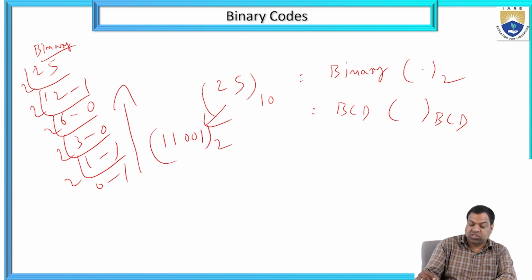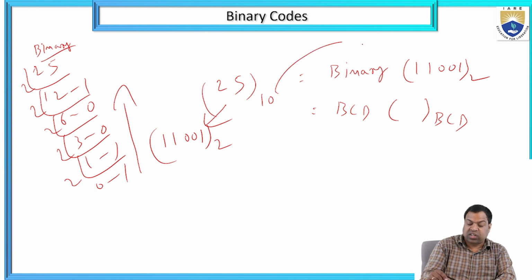So 25 base 10 converted to binary is 11001 base 2. Next, I want to convert this to BCD. What is the range of BCD? 0 to 9.